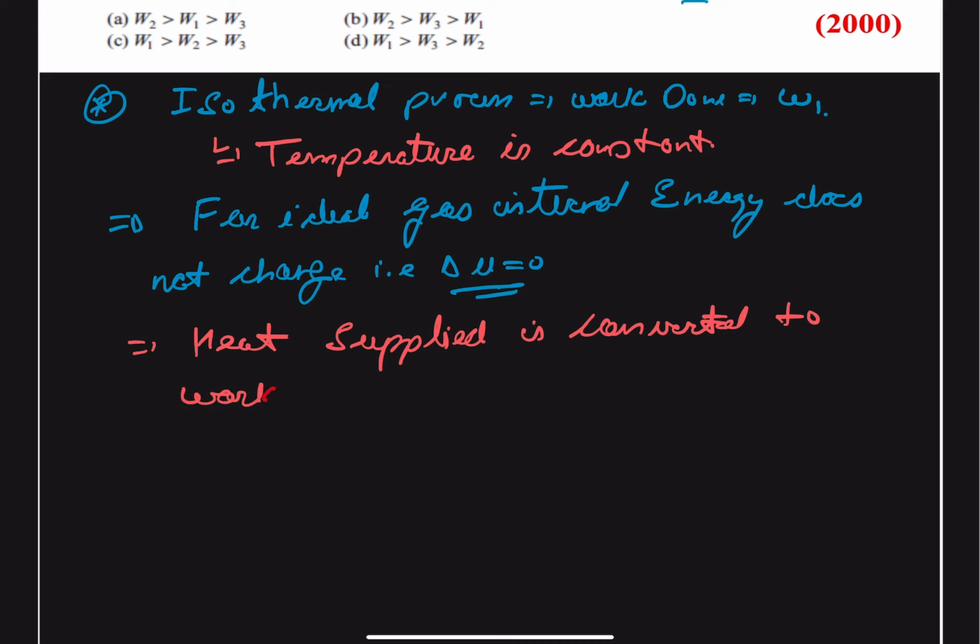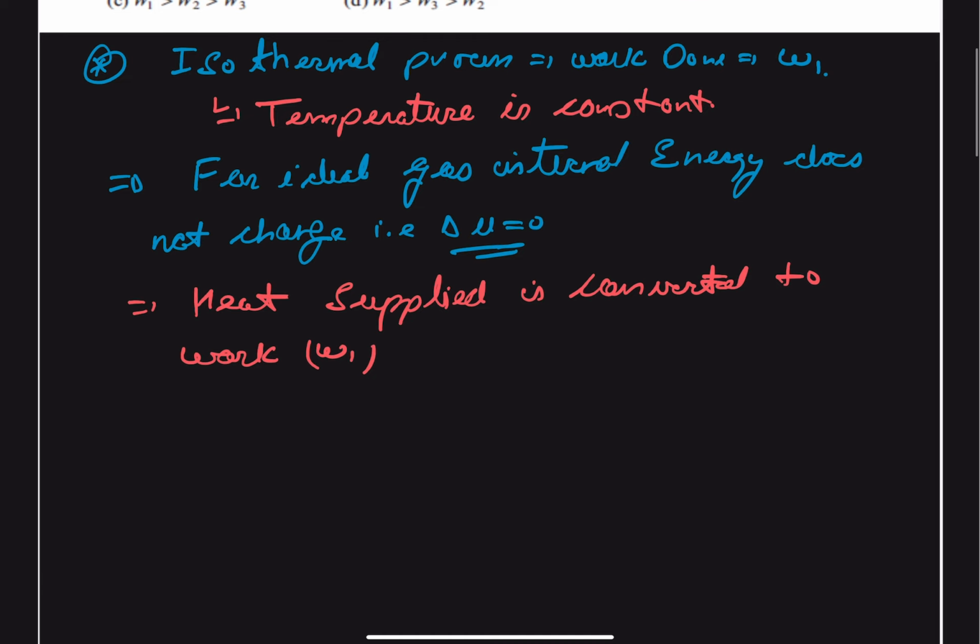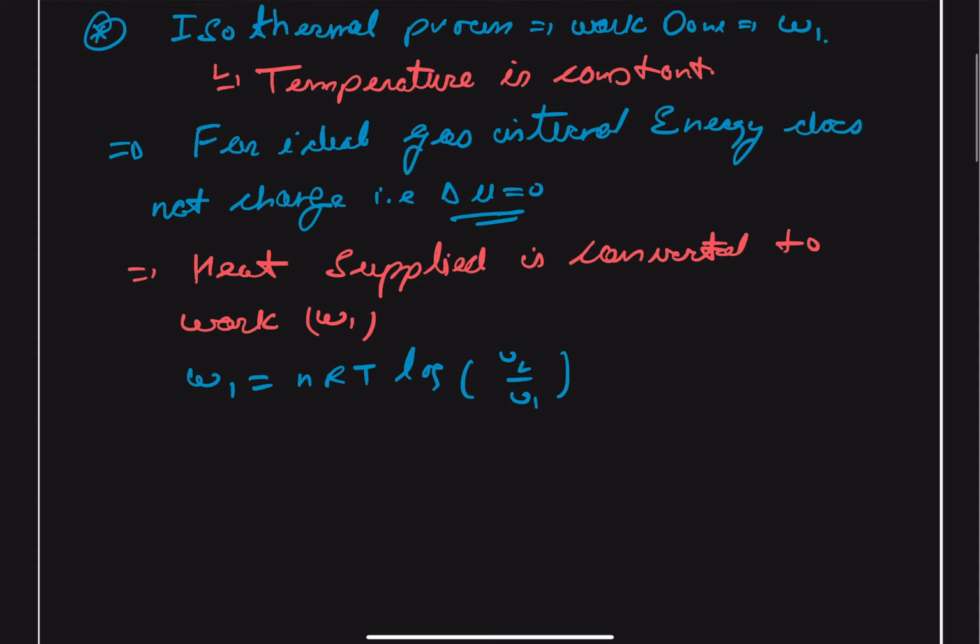which in this case is represented as W1, and we can write that our W1 will be equal to nRT log of V2 by V1, and we are given that the volume changes from V1 to V2, so we can presume that V2 is greater than our V1, so their ratio V2 upon V1 will be greater than 1.